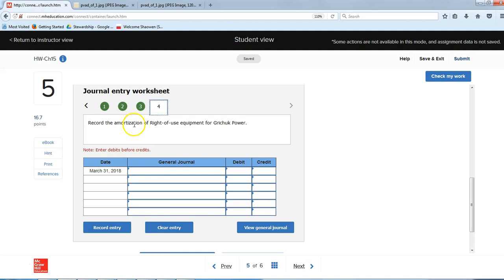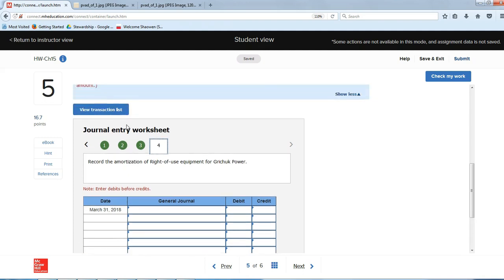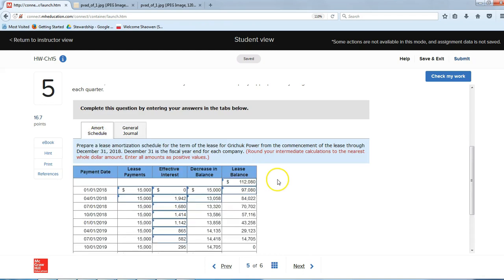And finally, record the amortization of the right of use equipment for the lessee. Amortization expense is not the same as depreciation this time because this is an operating lease. So for an operating lease, amortization is the amount of lease payable reduction. On March 31st, we still refer to April 1st.